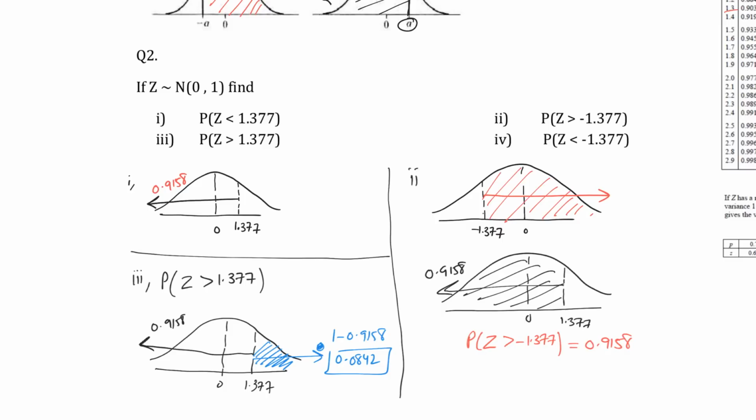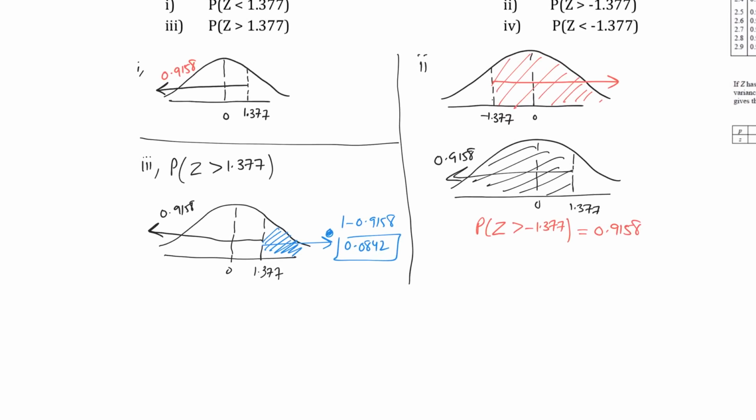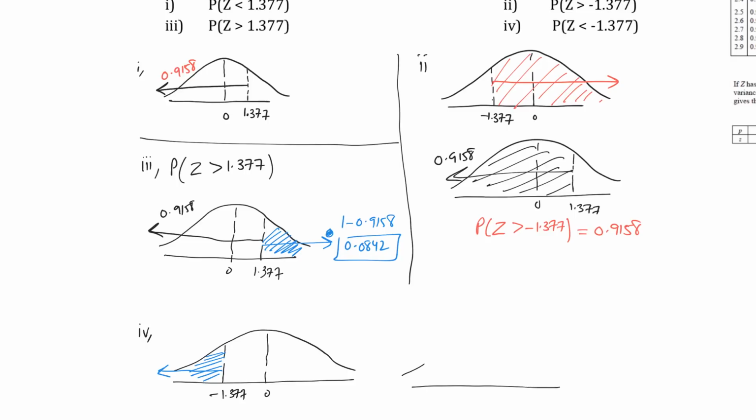Now in the last part, you are being asked to find the probability of z less than minus 1.377. So this is 0, minus 1.377, but this time you are being asked to find this region, the tail area. Since it's a negative z value, I cannot get the probability from the table. So I'll reflect this and say that there is an equivalent area for the positive z value.